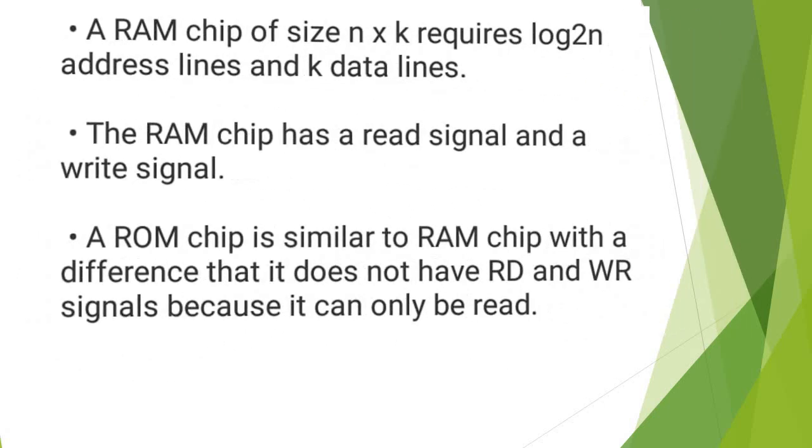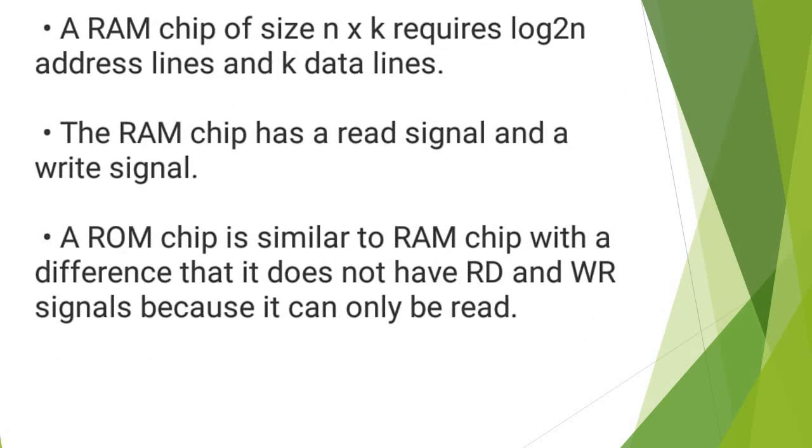A RAM chip of size n multiplied by k requires log to the base 2 of n address lines and k data lines. The RAM chip has a read signal and a write signal. The ROM chip is similar to the RAM chip with the difference that it does not have RD and WR signals because it can only be read.